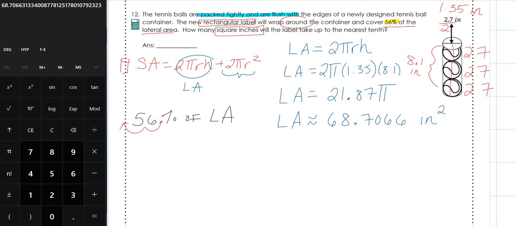So it's going to be 0.56, which is 56% as a decimal, of the lateral area. Of means multiply. So multiply it by the total lateral area, which we got here, still in your calculator, 68.7066.